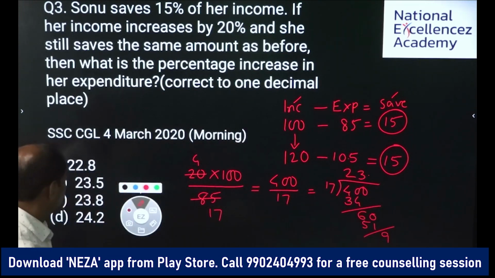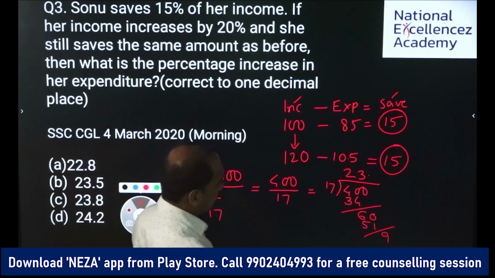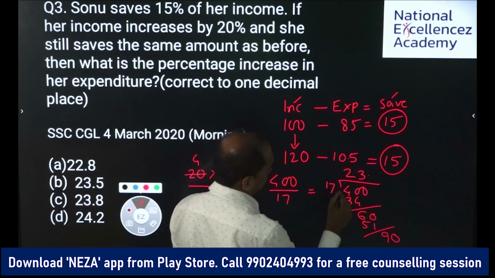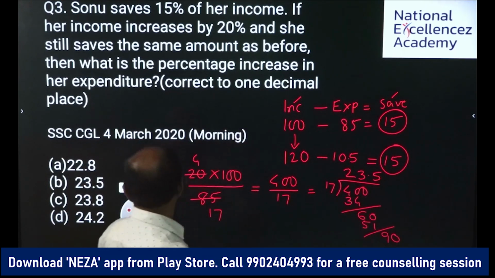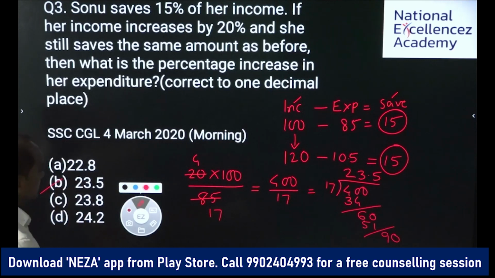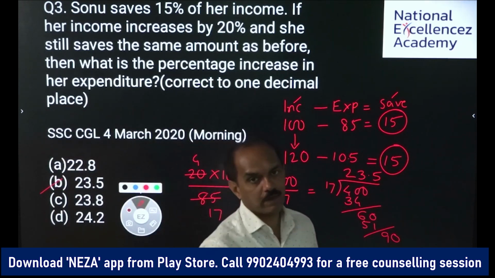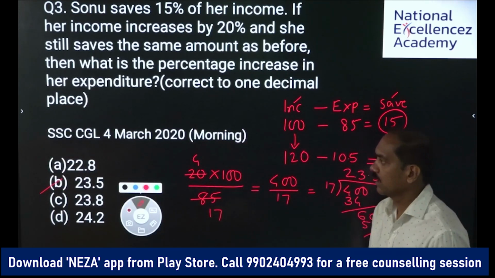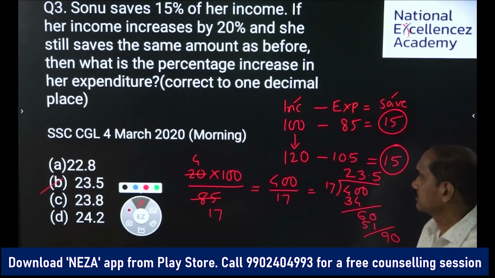So then it will be 90. 17 5s are 85. So the final answer is second option, 23.5. Okay. So this is how we can easily manage this problem.